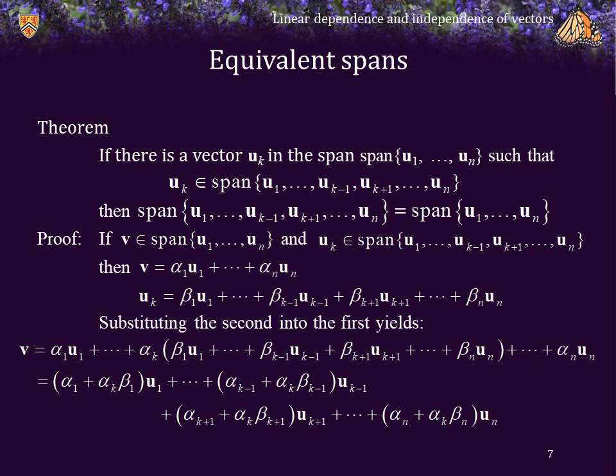And we can explicitly find these coefficients as well. So therefore, v must also be in the span of all vectors from u1 through un, excluding u sub k. Thus, the span of the smaller set of vectors must equal the span of the larger set. Again, only if, in this case, u sub k can be written as a linear combination of other vectors.